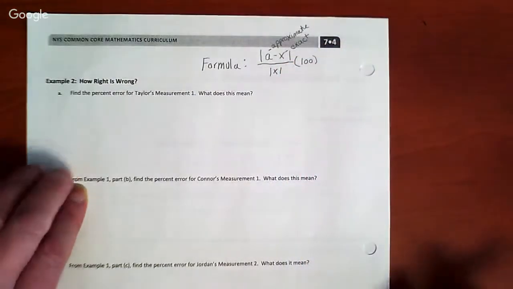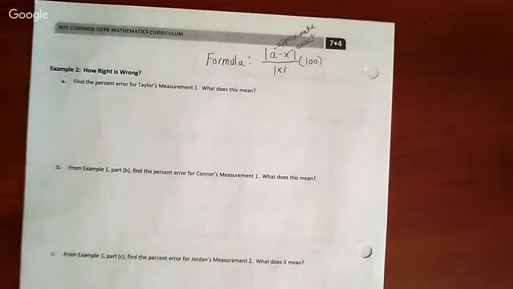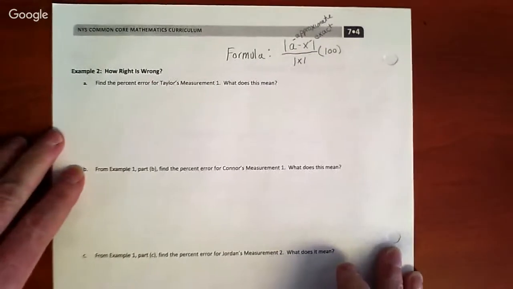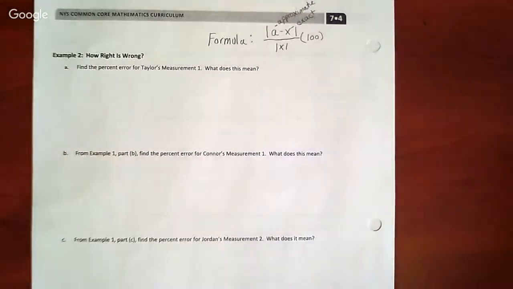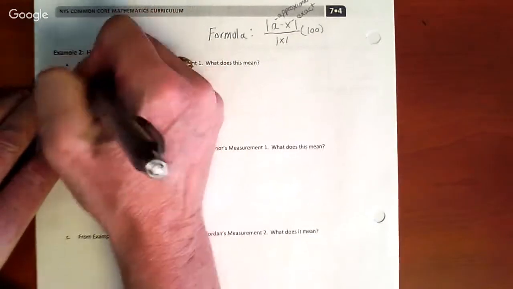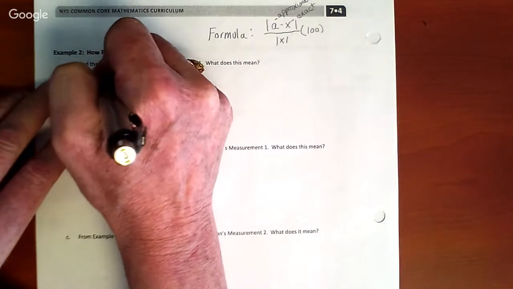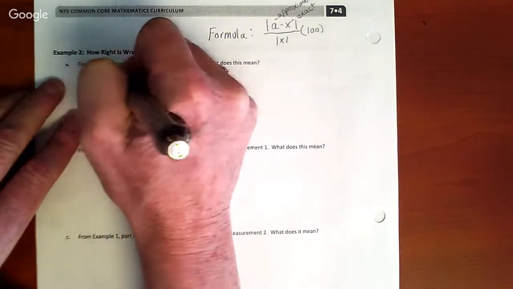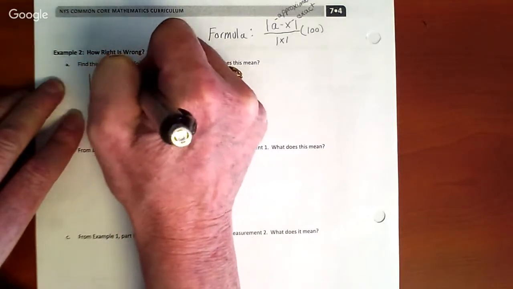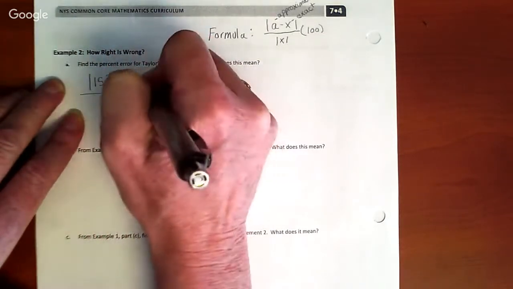Okay, so let's look at Taylor's. So we are going to find the percent error for Taylor's measurement. Okay, so here we go. When we find that, Taylor's measurement, again from the first page, we had the absolute value of 15 2/8 minus 15 over the absolute value of 15 times 100.